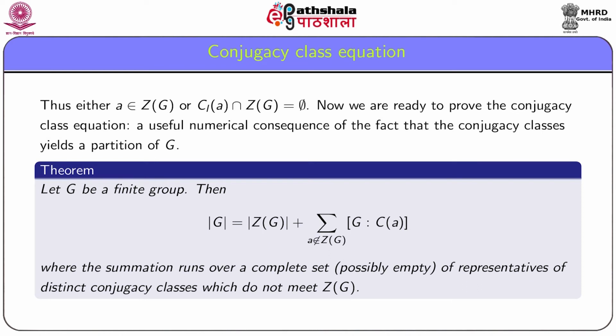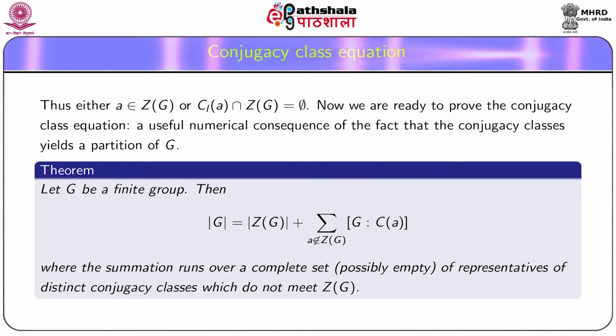Using these four equivalent conditions, we have the following important relation. First, note that from the four equivalent conditions, it follows that either a is in Z(G) or Cl(a) intersection Z(G) is equal to empty.